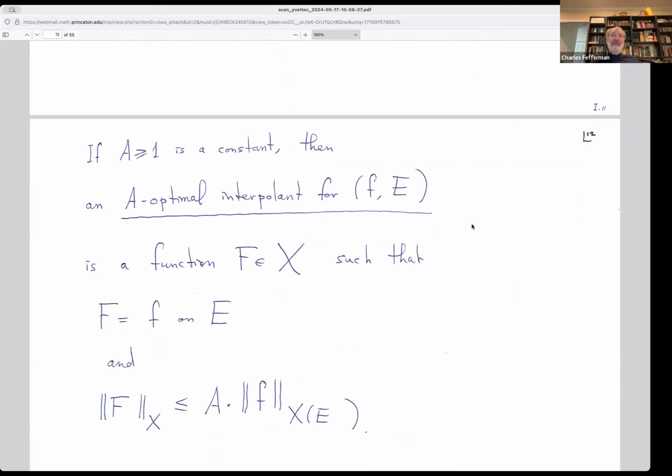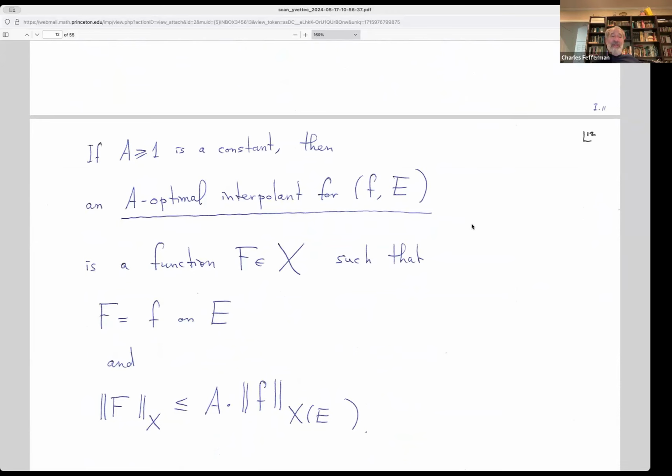So A is going to be some constant bigger than or equal to 1, and an A optimal interpolant for our data set f on E is a function capital F in the Banach space X that agrees with little f on E and has norm in the space X as small as possible up to a factor of A, as shown on the slide.